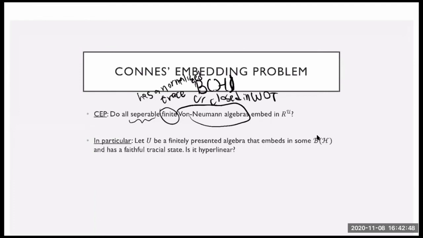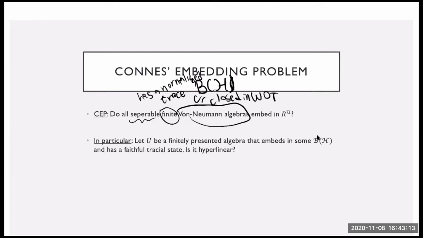Yeah, but only if I defined hyperlinear only for finitely presented algebras. And you can check that being embedded in R0 to the U is the same as being embedded in R to the U, at least for these algebras. So the question about being embeddable in R to the U and R0 to the U is the same question for finitely presented algebras.